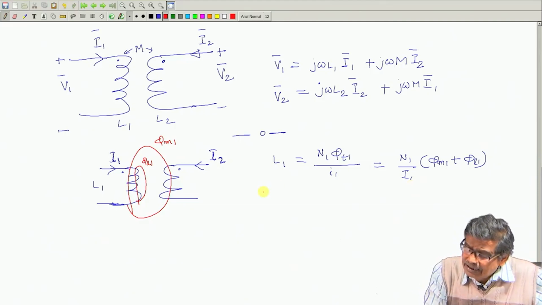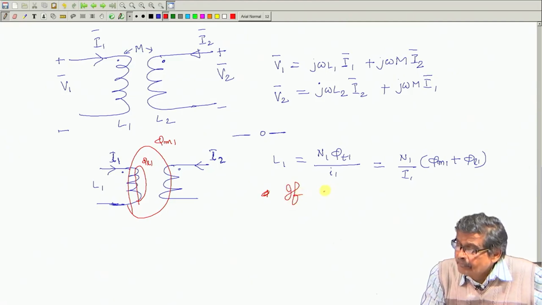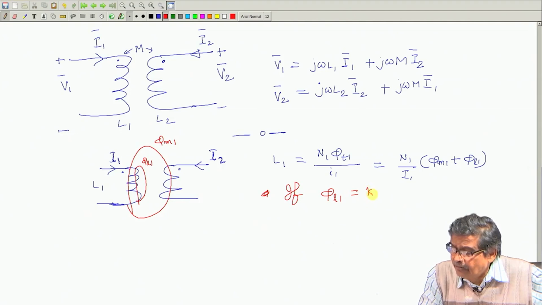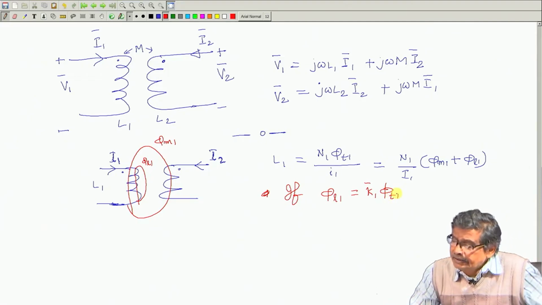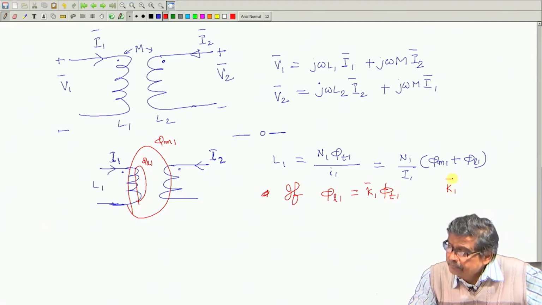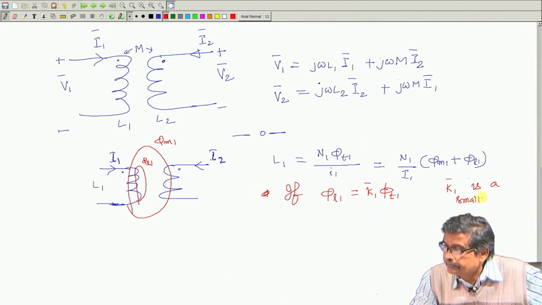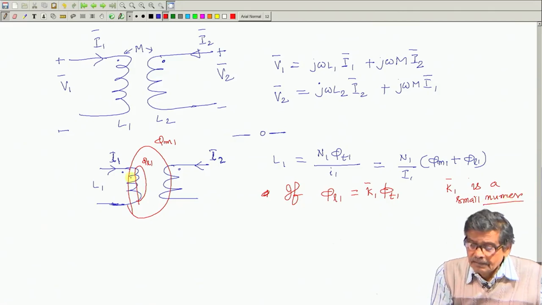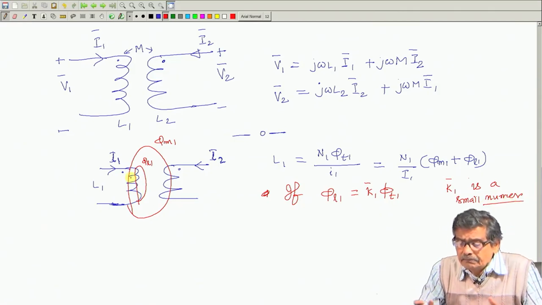So one can say that the leakage flux is some percentage of the total flux created, then K1 bar is a small number. How can leakage flux be reduced?